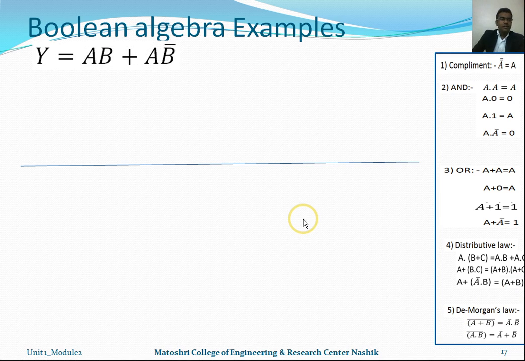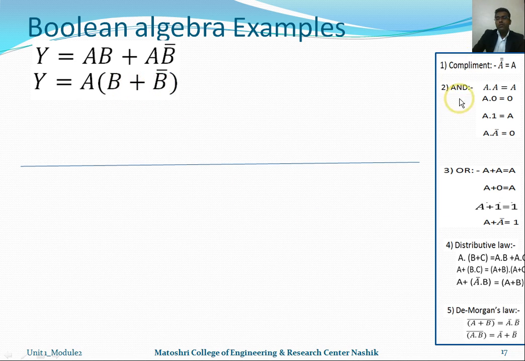We are taking one example, it gives the Y functionality which equals AB plus AB complement. Now if we take A as common, in the bracket we get B OR with B bar.